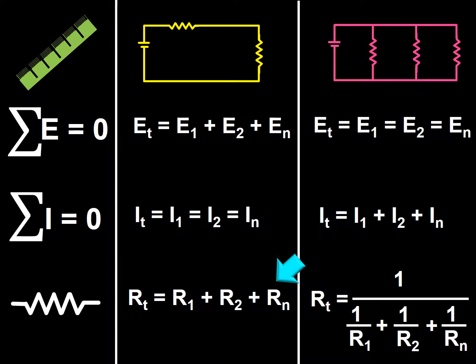I like to emphasize that the resistance of circuits made of resistors in series add up, whereas the resistance of circuits in parallel decreases as the number of resistors increase.